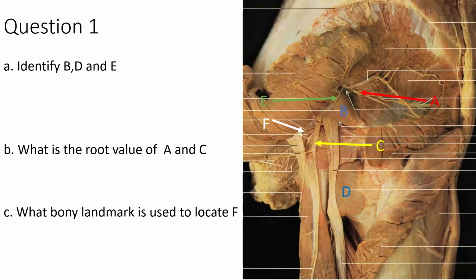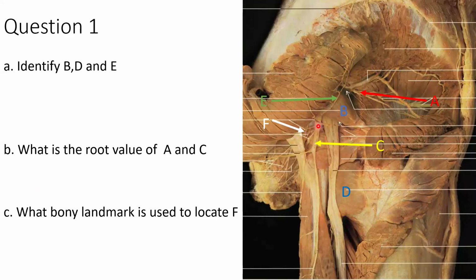So I think all of you have agreed that A is superior gluteal nerve, which is wonderful. And C is the posterior femorocutaneous nerve, or the posterior cutaneous nerve of the thigh. Wonderful. Let me take a pointer.